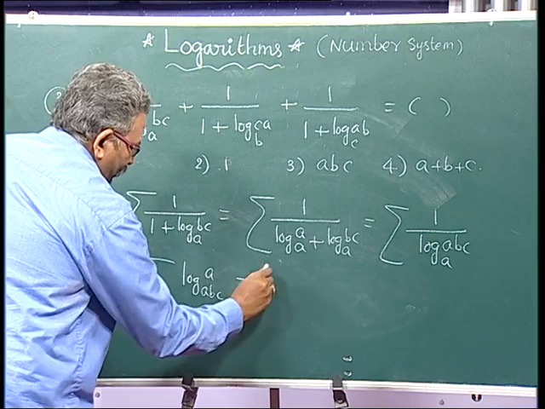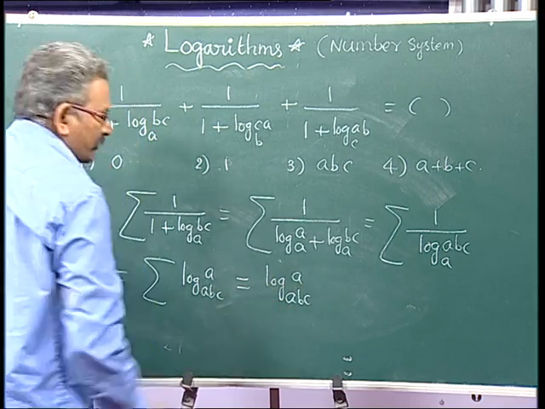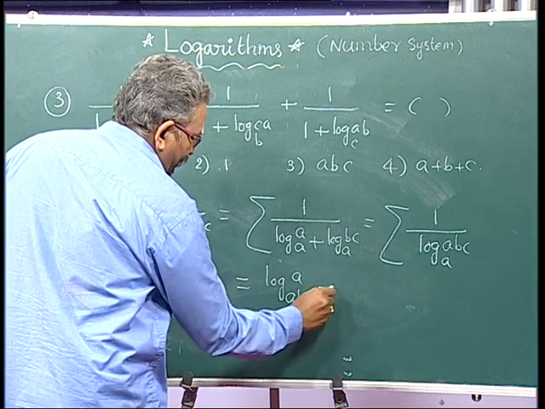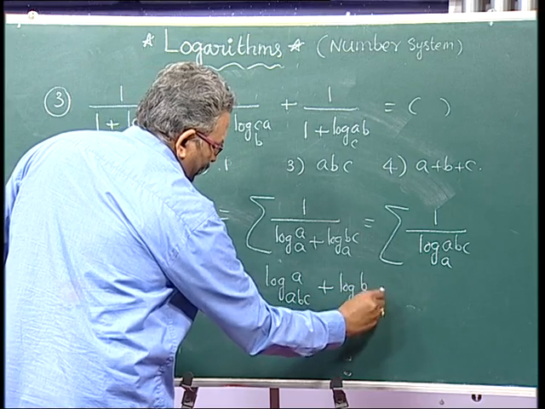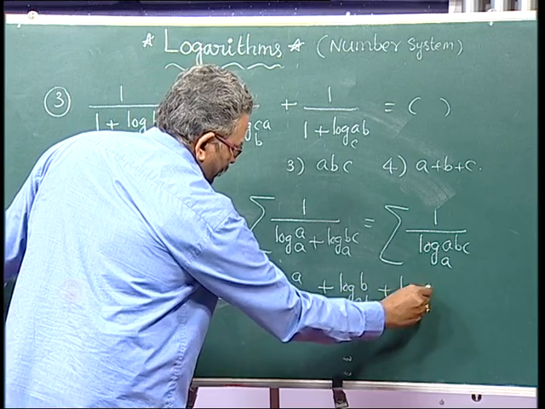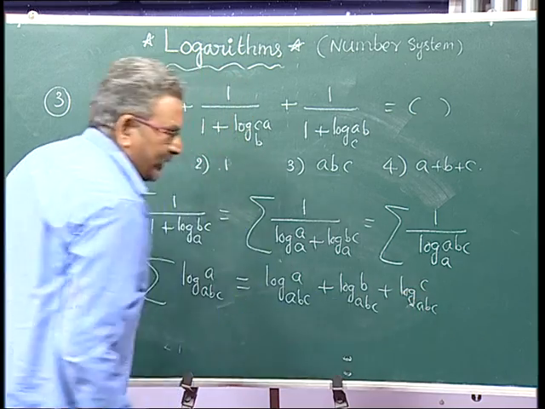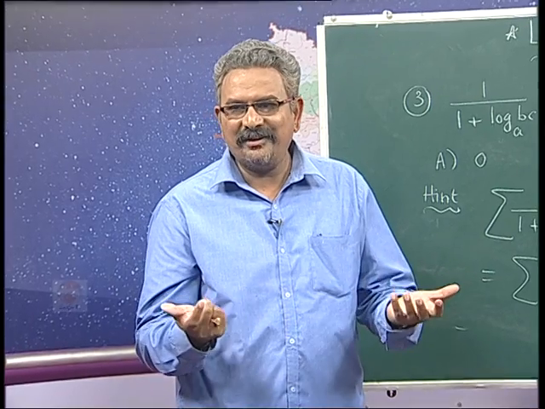Now, this can be rewritten as log A to the base ABC, plus log B to the base ABC, plus log C to the base ABC. So, let us think, can we write this as a single logarithm?